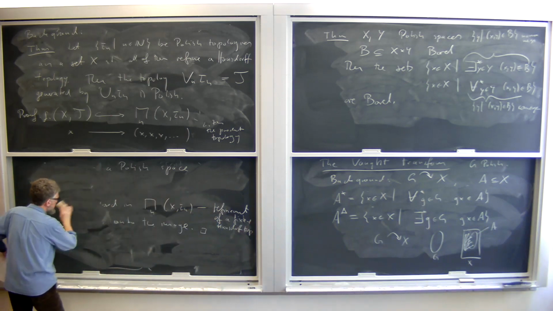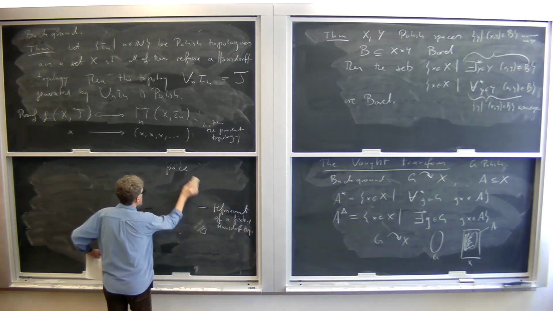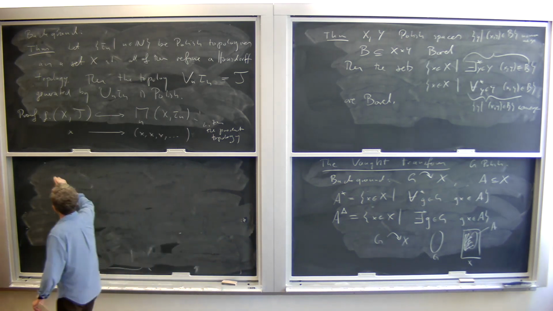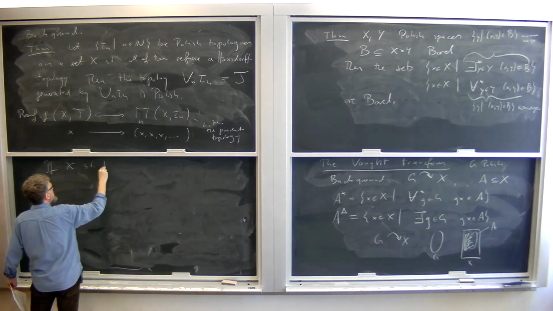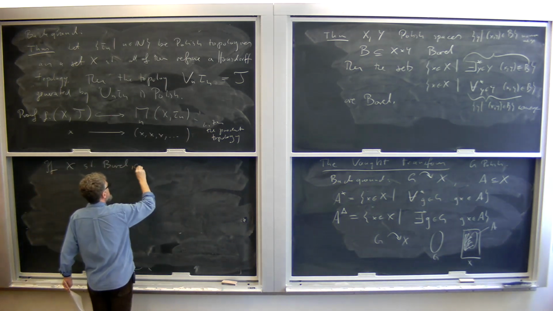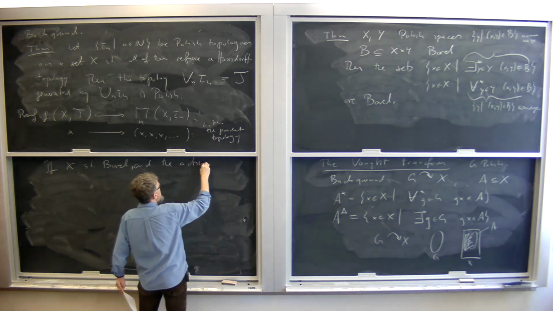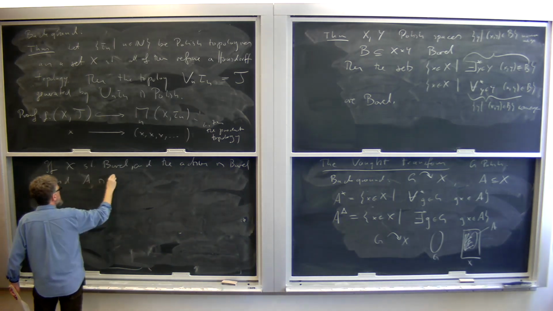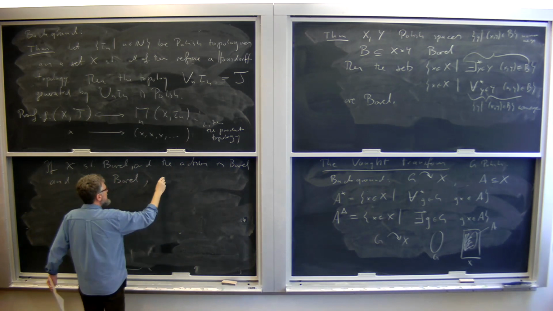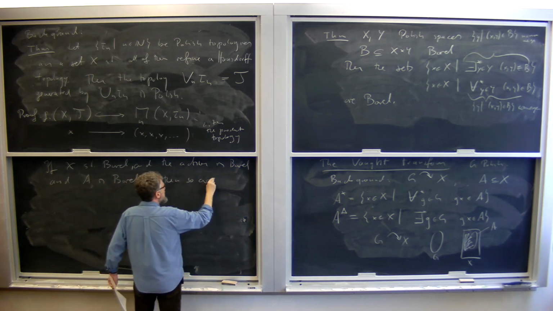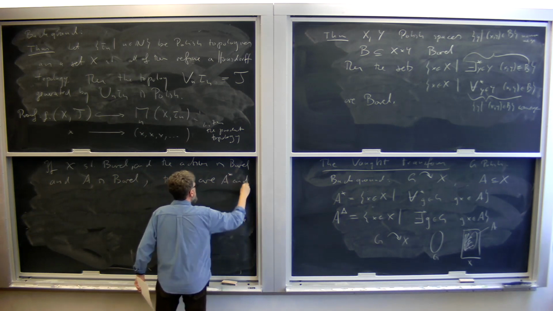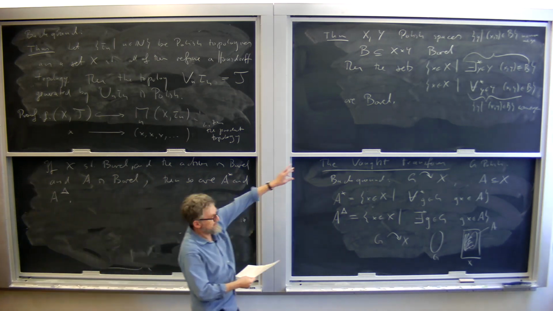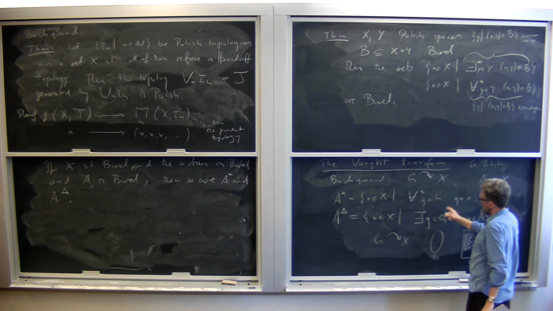We note that if X is standard Borel, the action is Borel and A is Borel, then so are A star and A triangle. The reason is immediate.